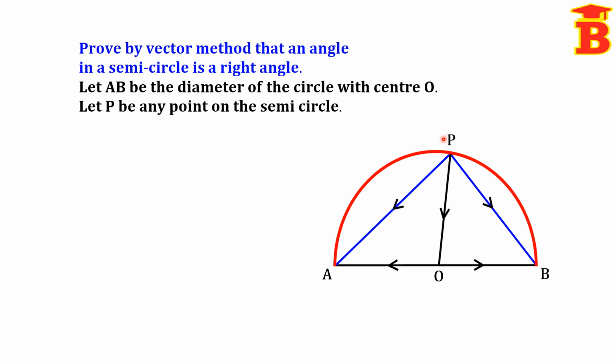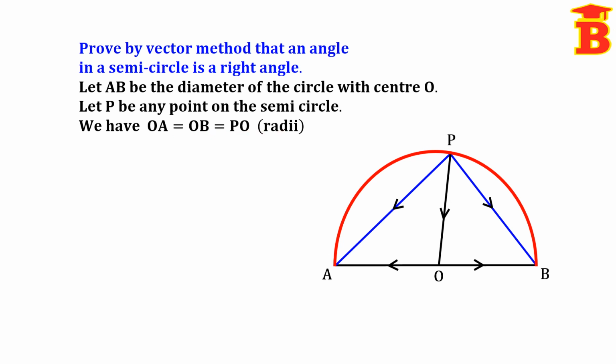Let us take P anywhere on the semicircle. So let P be a point on the semicircle. Now OA is radius, OB is radius. Similarly PO is also radius. So we can write OA equal to OB equal to PO.